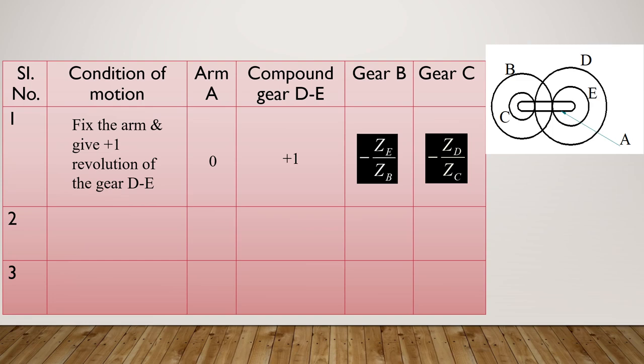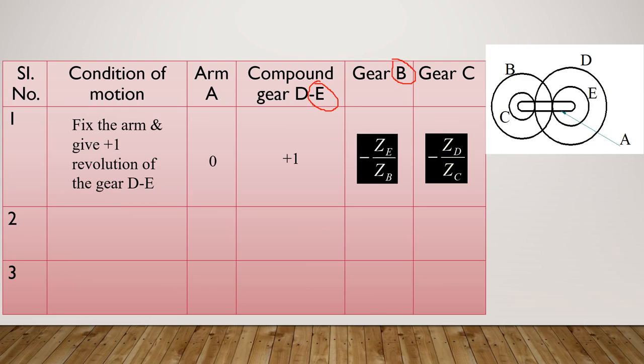As given in the question, E is in mesh with gear B. So E is the driver and B is the driven gear here. When you write the ratio, it is number of teeth in the driver gear to number of teeth in the driven gear. You are giving one rotation to gear E, so this will be the driver. So ZE divided by ZB. They are in mesh, so you have to write the ratio in this manner.